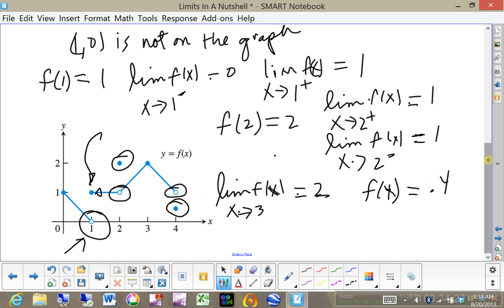Can't completely read that off. But the limit of f of x as x approaches 4 from the left is equal to 1. Notice that the function is not defined. You don't see any lines at all to the right of 4, so we can't say anything about approaching 4 from the right.